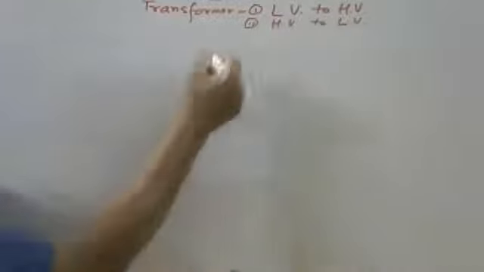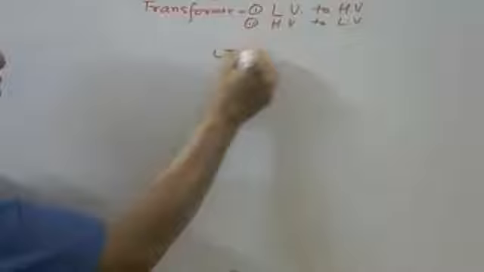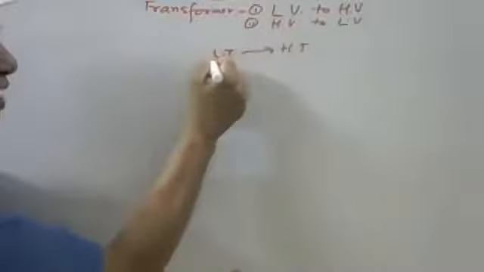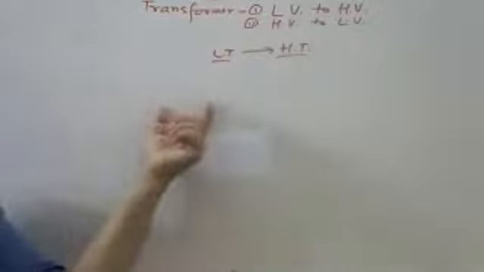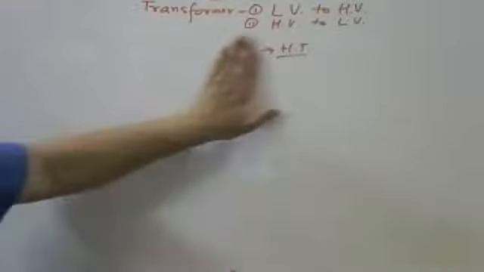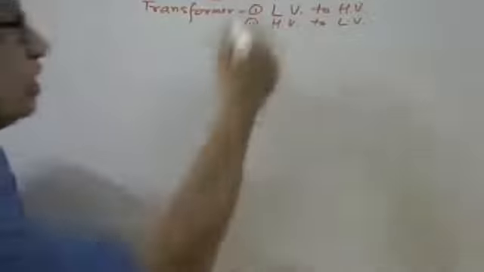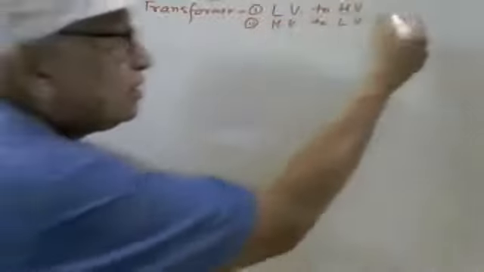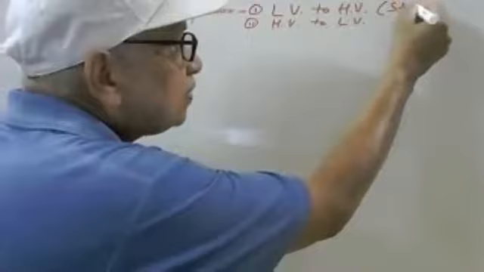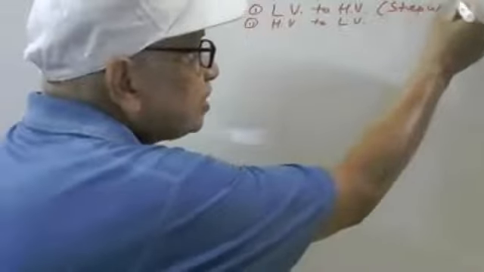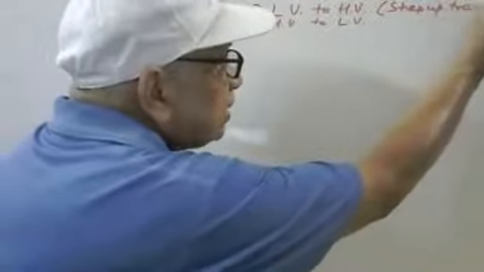Sometimes it's called LT. In electrical engineering terms, this is called low tension. It's not tension, it is a voltage here. Charity to HT, or high voltage, low voltage. So low voltage to high voltage is called step up, because stepping up, low to high, it is called step up transformer.